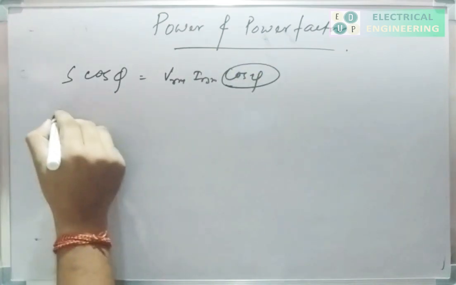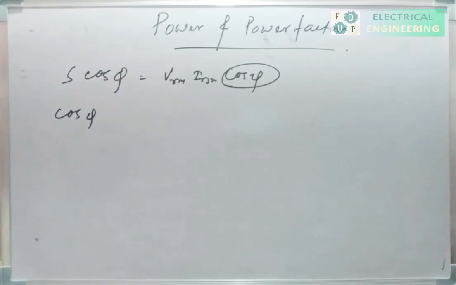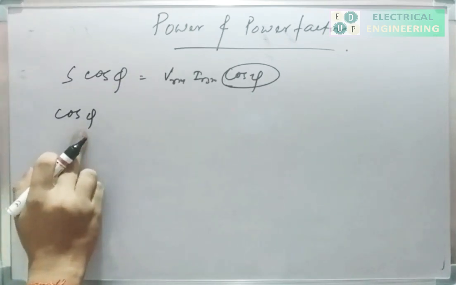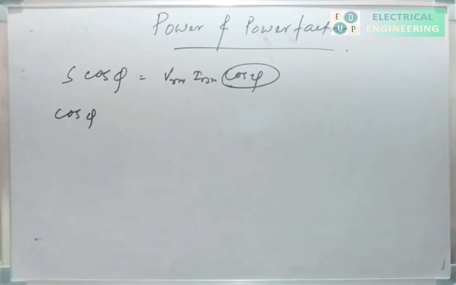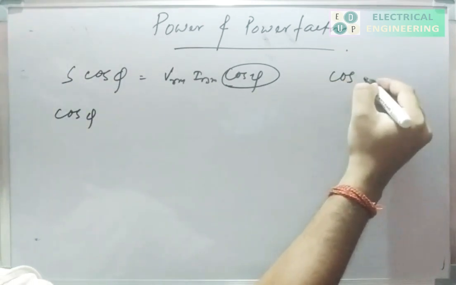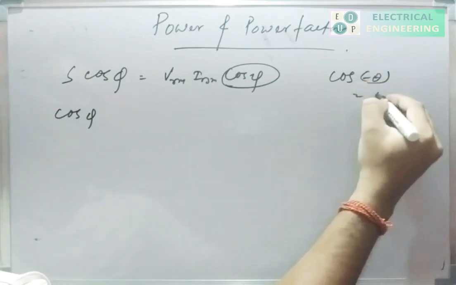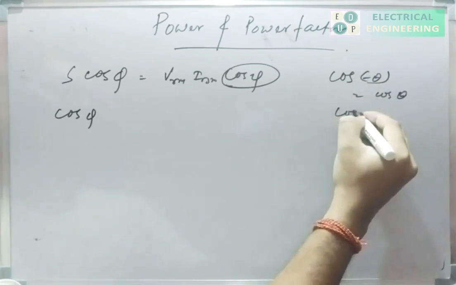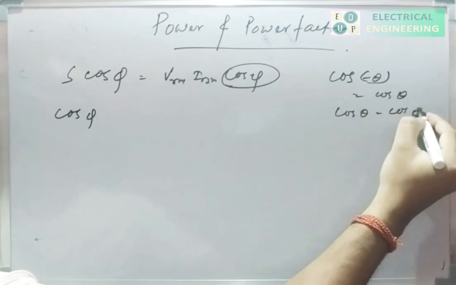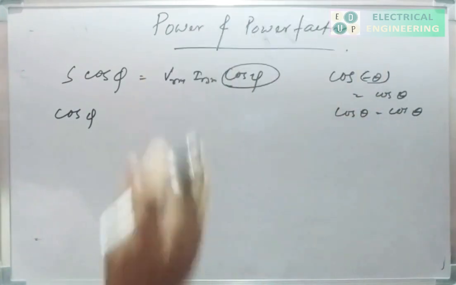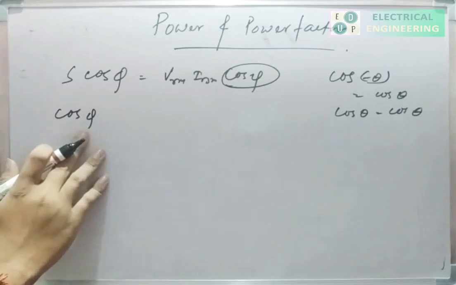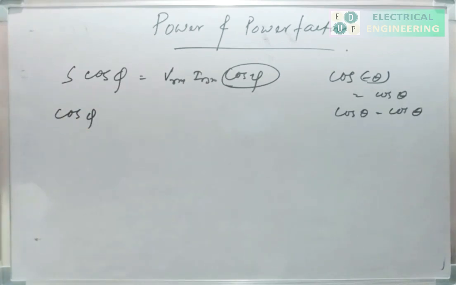What about cos phi? If I take a positive angle, cos phi will be positive. If I take a negative angle, it is also positive, because we know cos minus theta equals cos theta. So whether the phase angle is positive or negative, cos phi will always be positive.